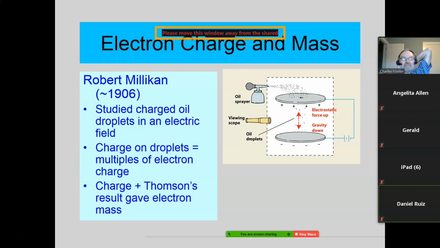Now, a droplet that had no charge attached to it, in other words, no extra electrons on that droplet, was going to fall just due to gravity. There was nothing to stop it. By the way, this was also pretty much in an evacuated space. You had as few air molecules in there as possible, so it was under a vacuum.